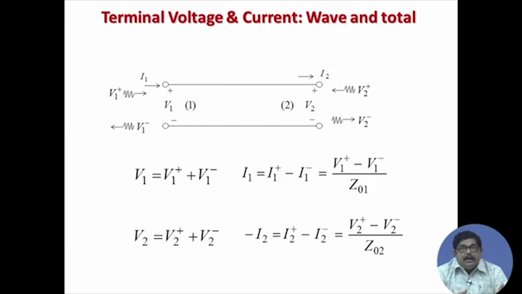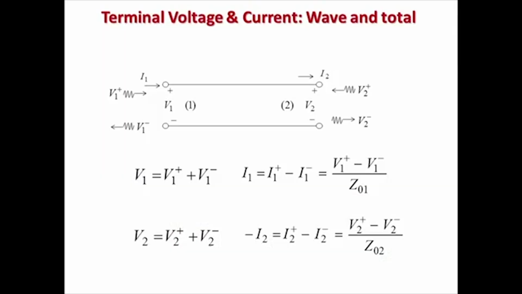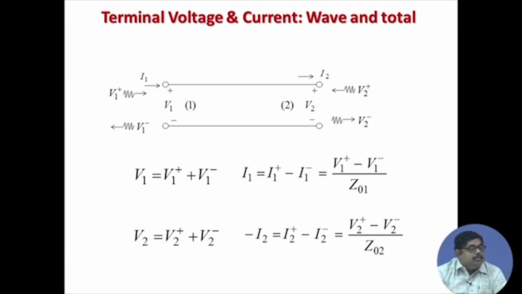Now, in other two port parameters Z, Y, etc., there the I2 flows into the second port, but in transmission parameter it goes out. That is why we have shown it as I2, but when we are writing the I2 plus and I2 minus, I2 plus is inside the port, I2 minus is out of the port. That is why I2 plus minus I2 minus, that direction is minus I2.